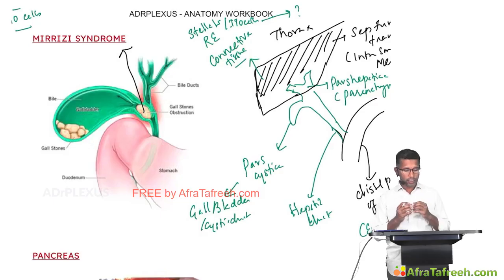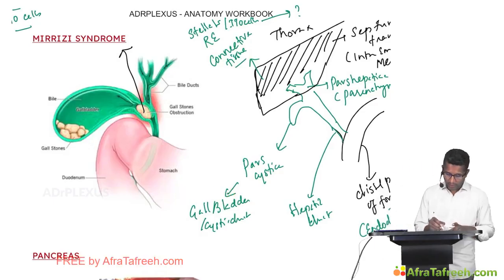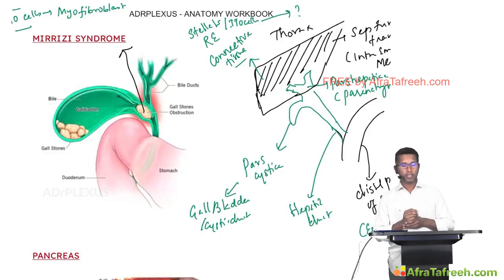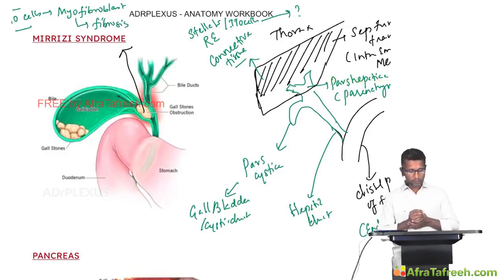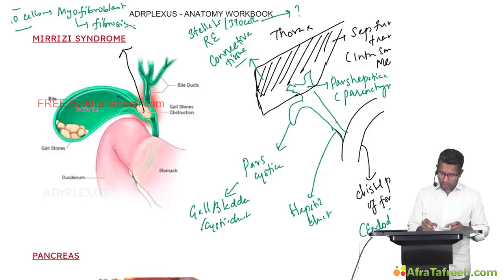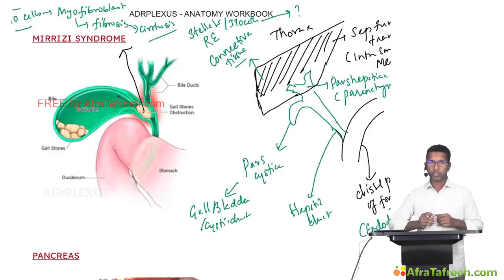When the cells get irritated, they change their nature and become myofibroblasts. When they become myofibroblasts, they lay down a lot of collagen, resulting in fibrosis of the liver, and this fibrosis is called cirrhosis of the liver.